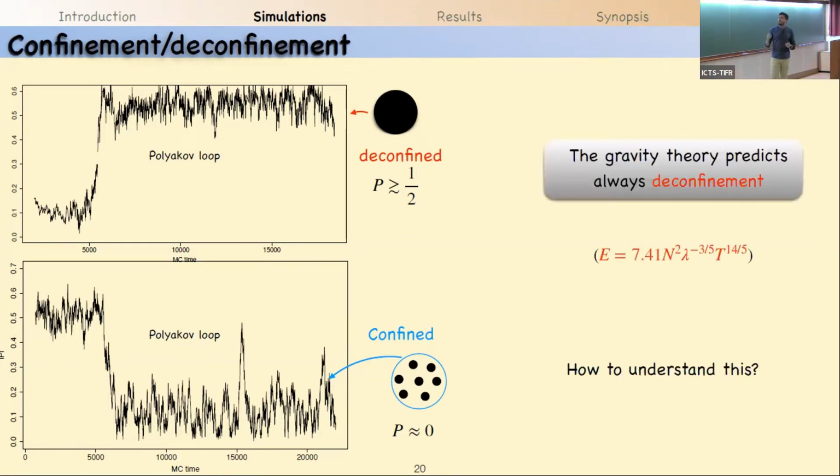But the gravity theory predicts that there shouldn't be any confinement, because the energy cannot be zero for non-zero temperature. But these simulations here are at non-zero temperature. One more caveat is that these simulations are at finite N and finite lattice sites. So I have to make sure that this confinement phase survives in the large-N and continuum limits.